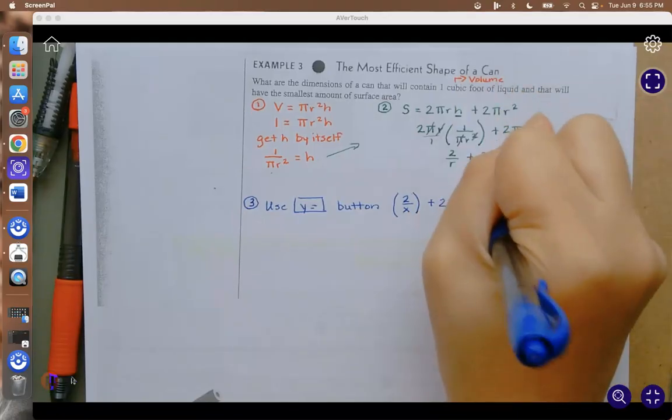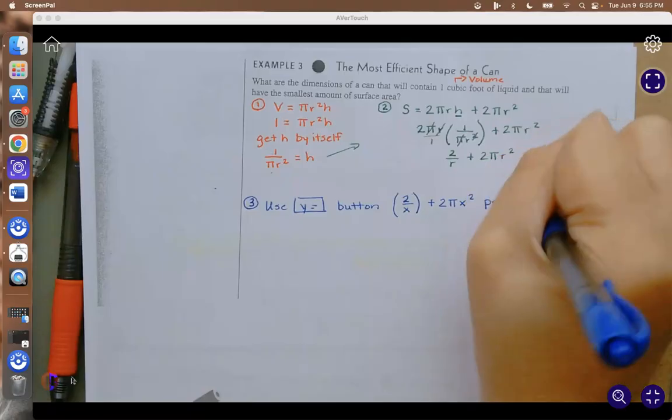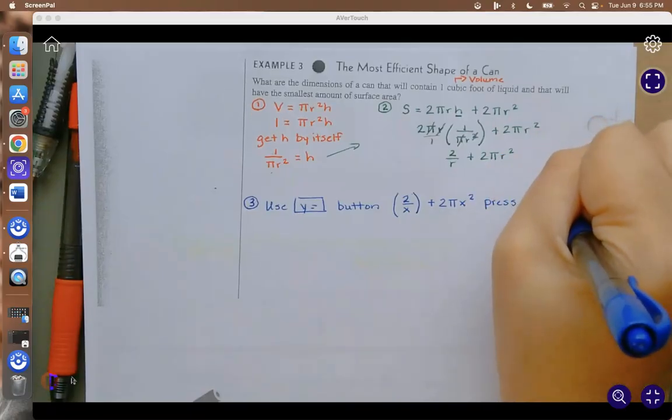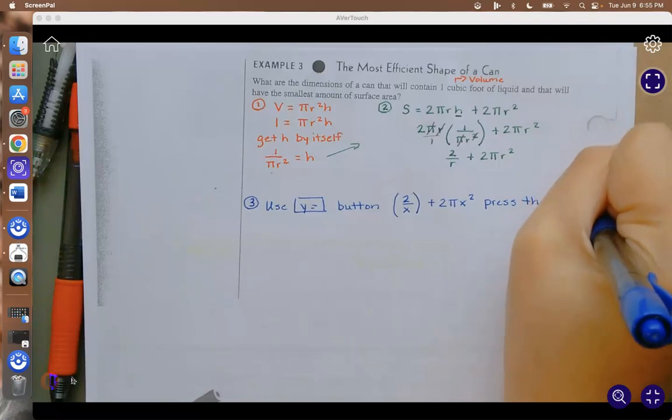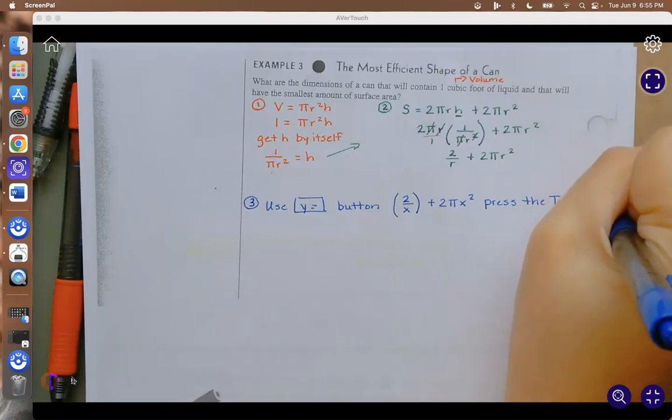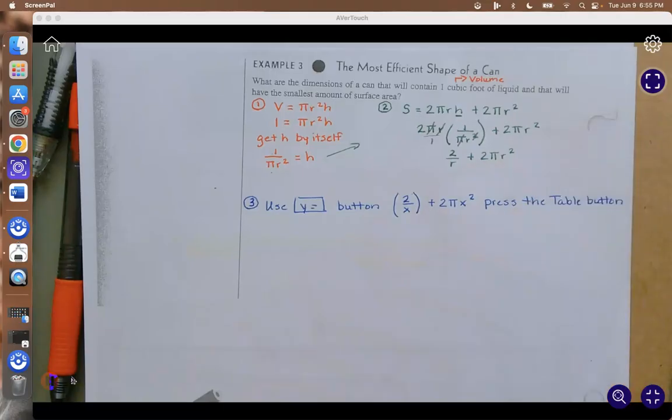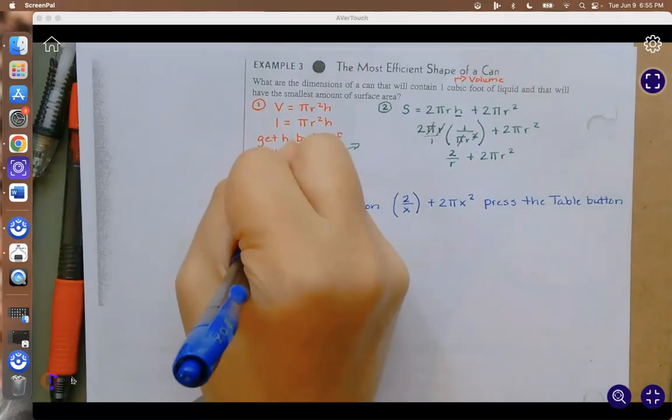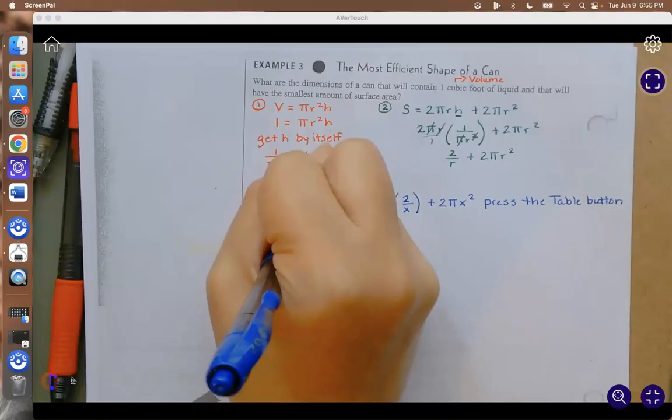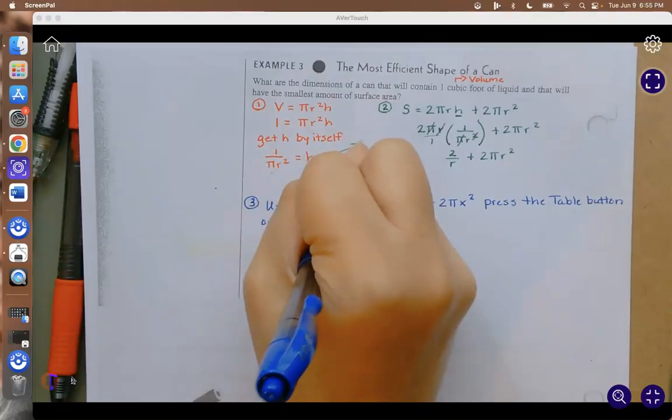And then you're going to press the table button on your calculator.